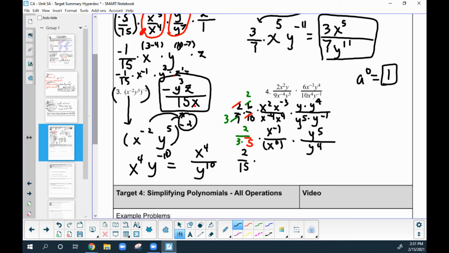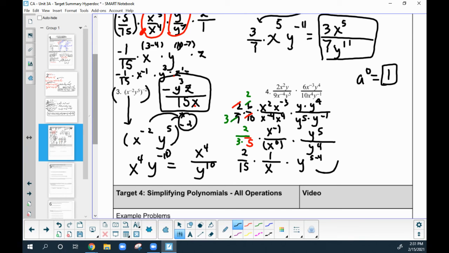So I've got an x to the negative 1 over 1. So that's really telling me I move this down to the bottom, and then this is just, because it left, it's the 1 left over. This is going to be a y to the 5 minus 4.